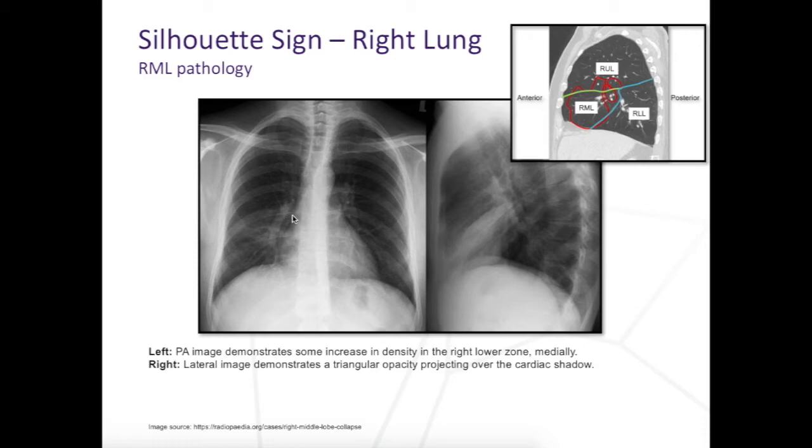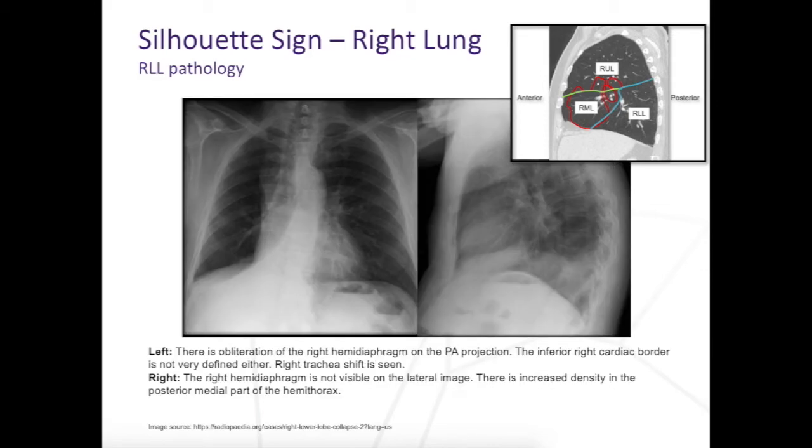And this density increase sits right next to the heart border here. So this is actually a small example of a right middle lobe collapse. Hopefully you can appreciate with my schematic here that the triangular opacity sits right on the oblique fissure and the horizontal fissure as well. And I do apologize, I think I called that the superior fissure before, but that's actually the horizontal fissure.